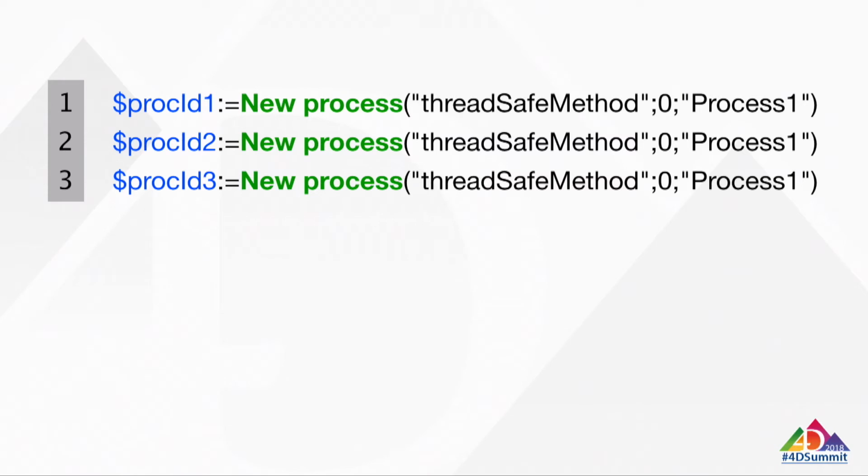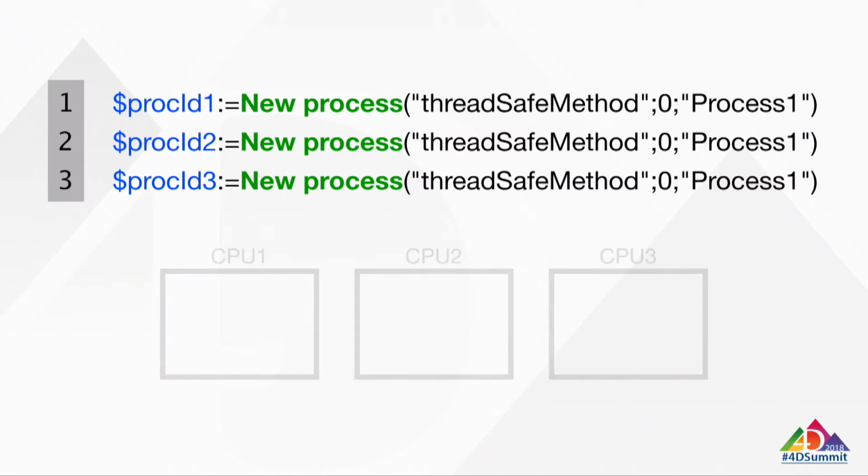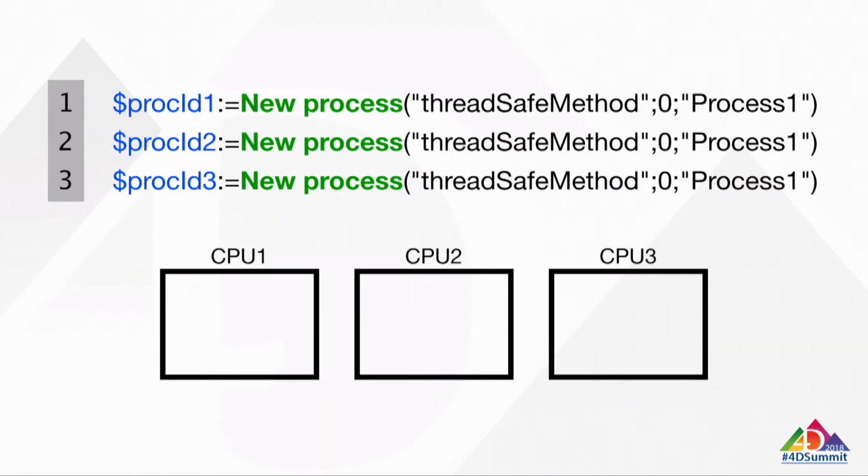Let's suppose that my method is thread safe, so it is going to run in preemptive mode. And I'm also naming my process the same exact name. So lines 1, 2, 3 call New process, and I name my process the same one. But because there is no star parameter, it's going to look like this.